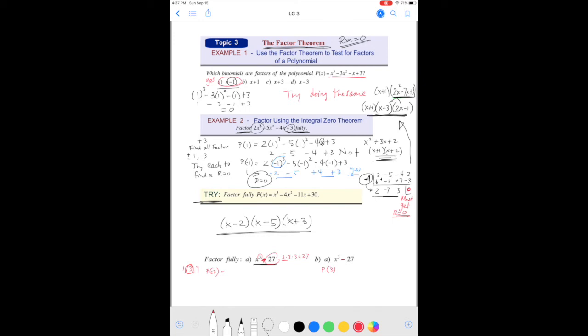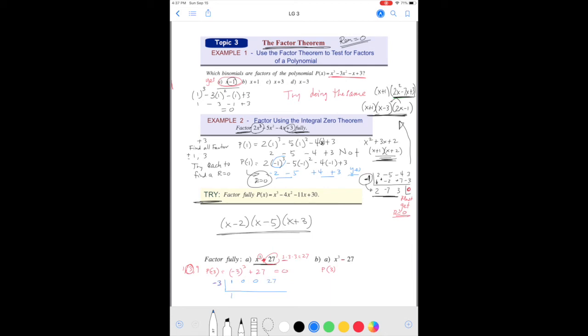We know it's going to be a 0 because negative 3 cubed plus 27 gets us a 0, right? So now let's set it up. So we have negative 3, let's do a different color here, negative 3, and we have 1, and we're missing 2 terms, the squared term and the linear term, and then we have 27.